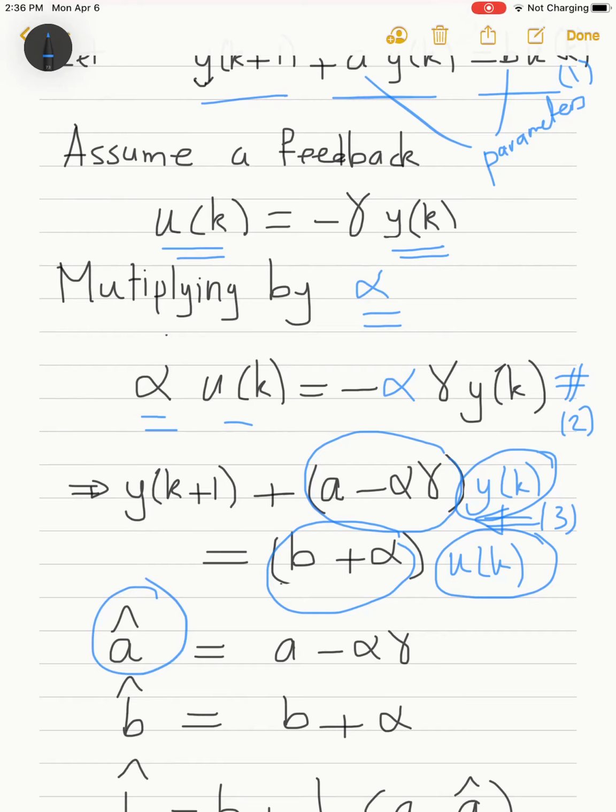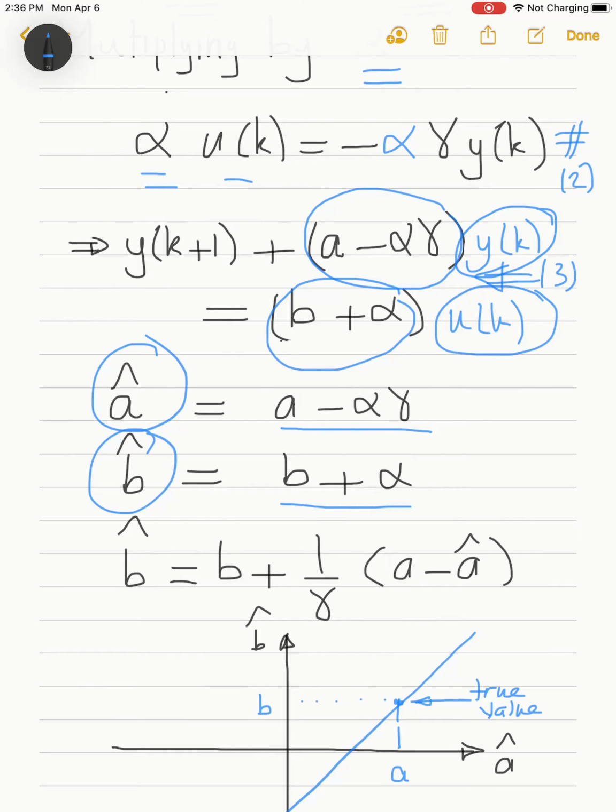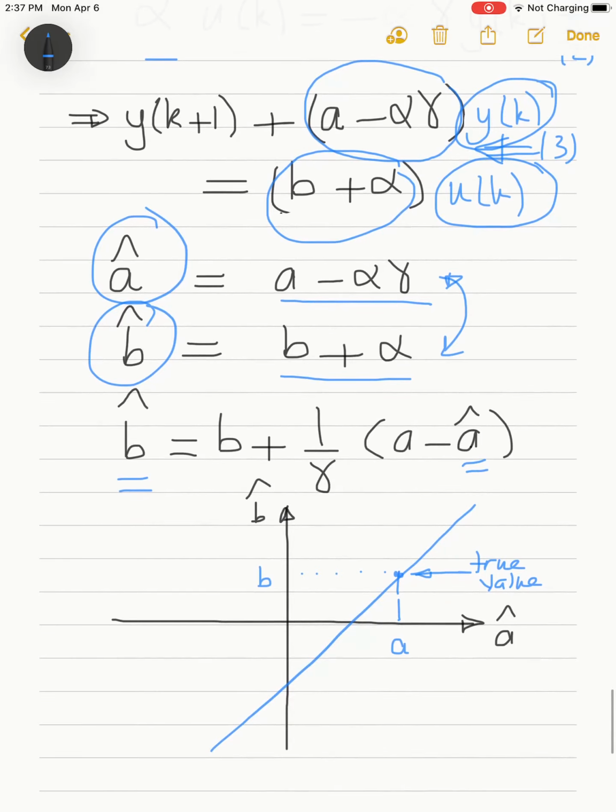So a hat would be a minus alpha gamma, and b hat would be b plus alpha. And if we eliminate alpha from both equations, I get this relation between the estimated parameter b hat and a hat. And as we can see, it is a relation of a straight line.